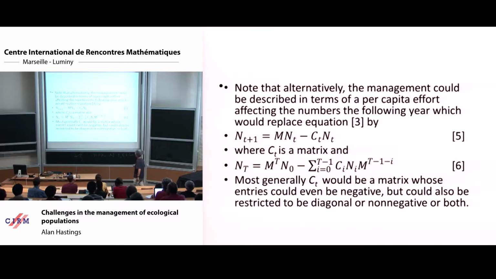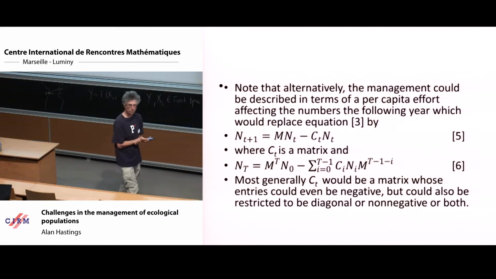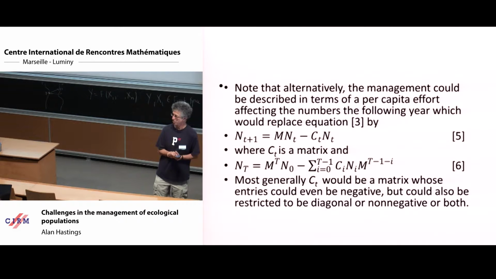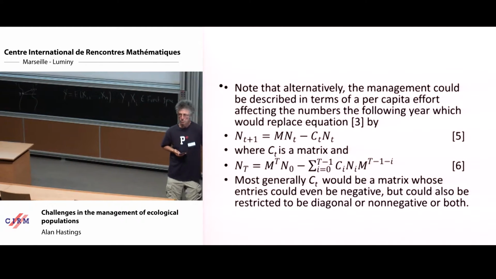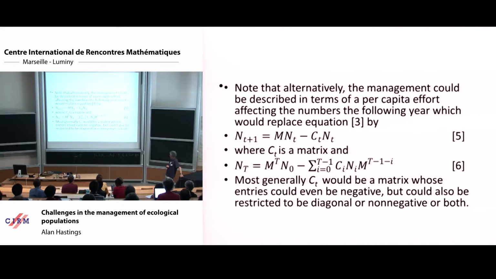I just want to point out that what I did before was a strategy, and again, this is like the discussion we heard about effort control versus a threshold control versus other ways of managing fisheries. We could as well put our management strategy in as something that's multiplied by the vector representing the population.